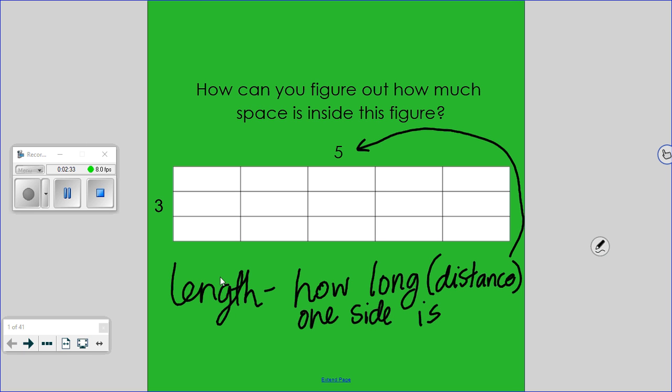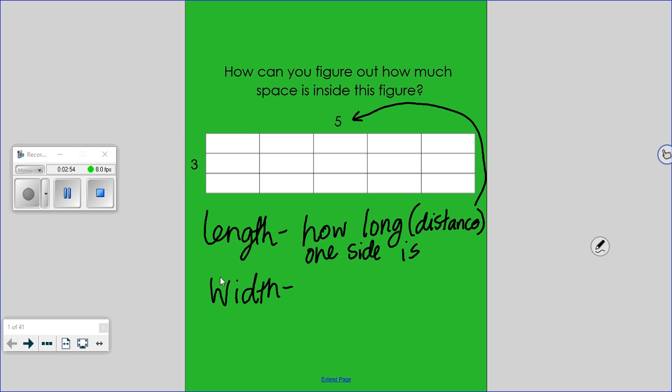Yes? Kylie, what's up? Yes. Aiden, what's up? Height. Height? Yeah. We are not. We are going to stay in the 2B realm. We will get to width. That would be our other side. You're going to notice that width is almost the exact same definition.